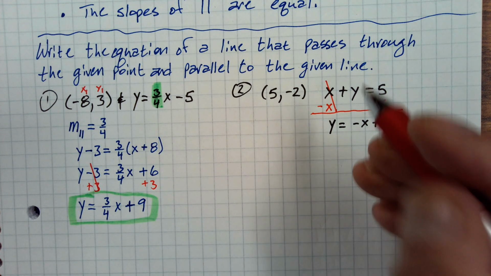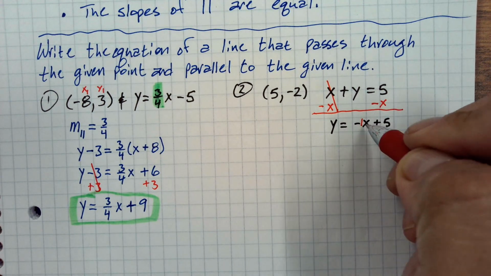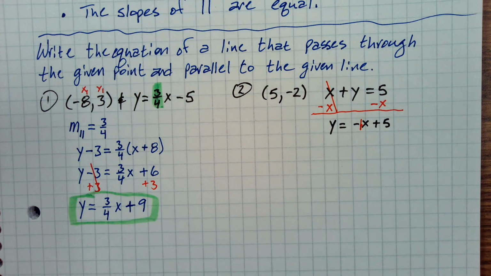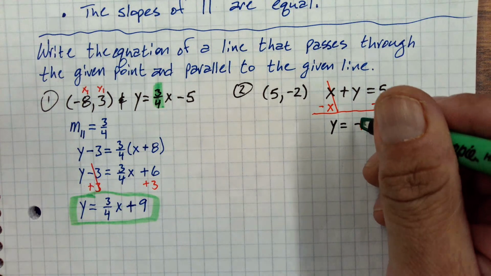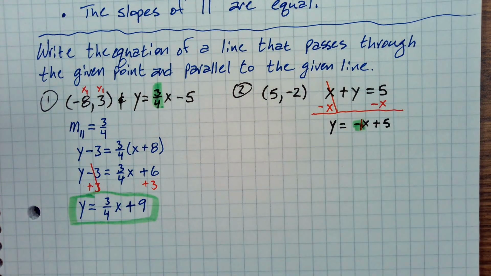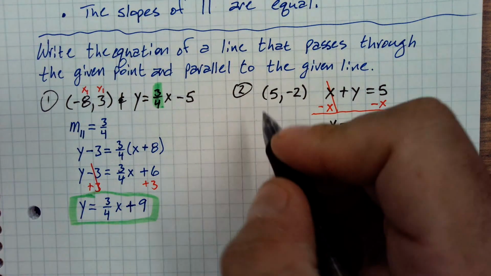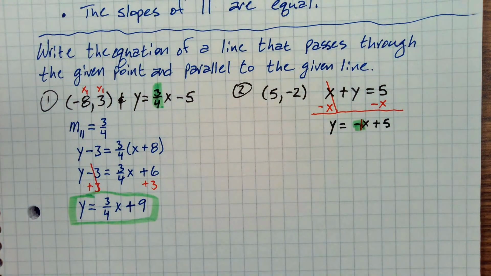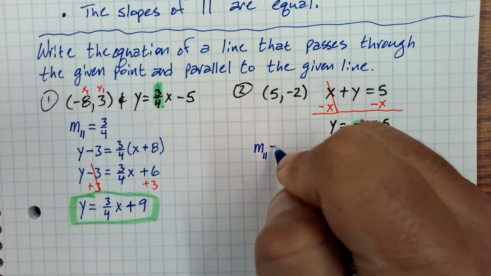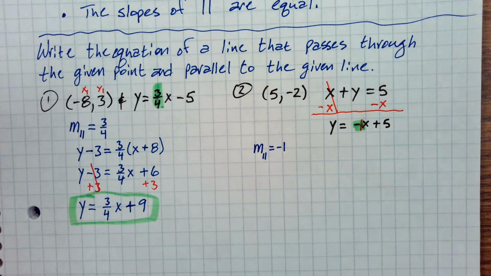So now I know the slope of this line. It's not 1, it's actually negative 1. Unless the equation is in slope intercept form, I won't obviously know the slope. Now I know the slope of the parallel line is negative 1.